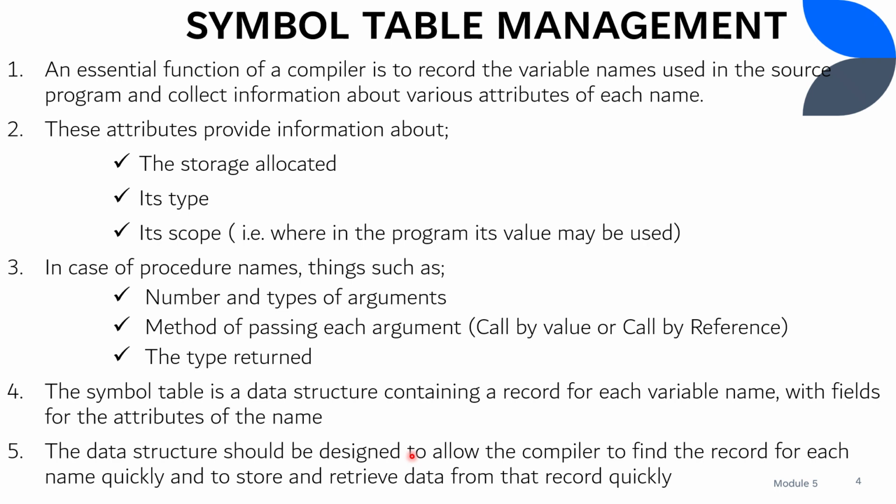Hence, the data structure for the symbol table should be selected such that the table can be created easily and the data can be retrieved quickly. That is, the addition, deletion and updating operations on the symbol table should be done quickly.